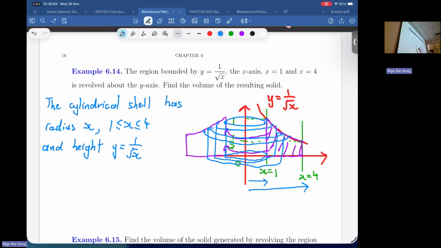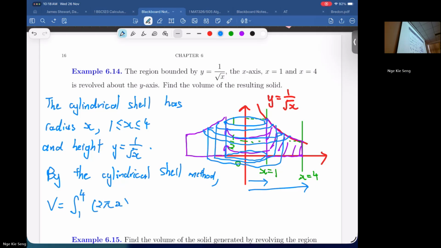In calculus 2, these two things are different; the height could change by itself. For now, everything is in one variable, so you are happier. Then by the cylindrical shell method, V equals the integral from 1 to 4 of 2 pi x times height dx.